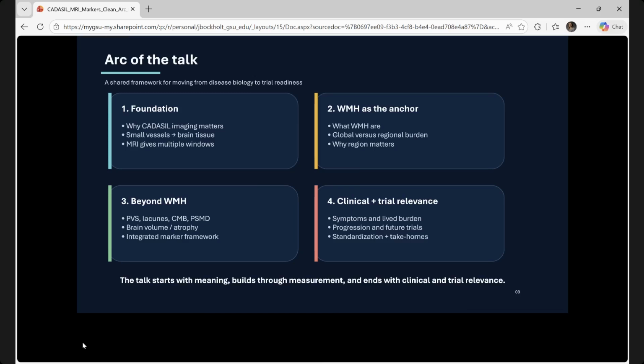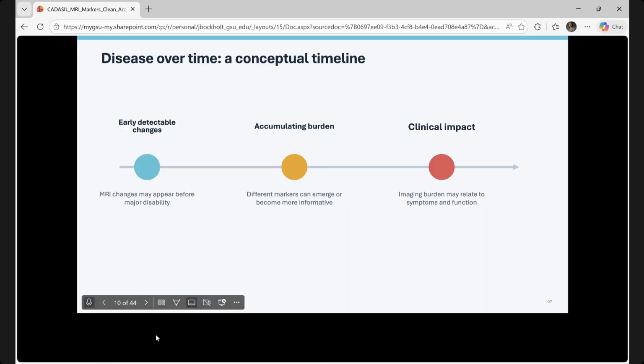Next slide should be, it says 7 on mine, but it's disease over time, conceptual timeline. Yes, thank you. As I stated earlier, the MRI changes can appear really before anything else, at least symptom-wise. And most, if not all, of them are going to gradually change over time.